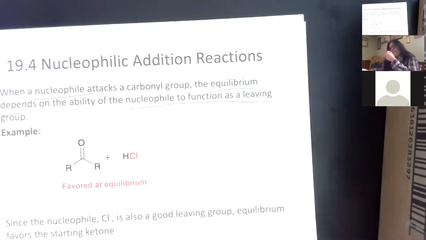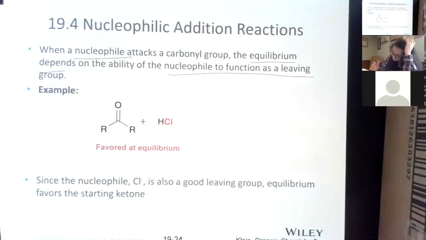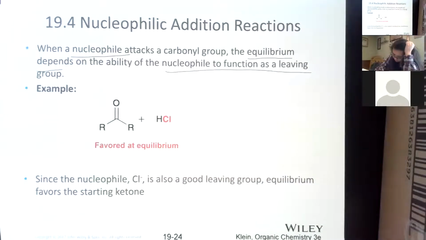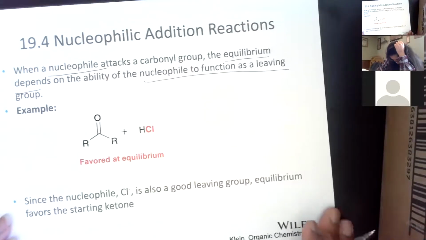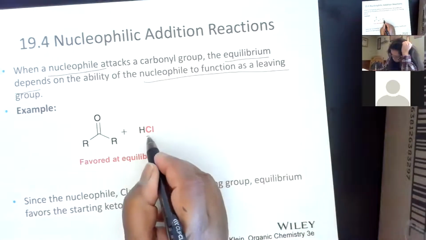Okay, so a nucleophile is coming in, right? And we want to lock him down. But if he's a good leaving group, then he's like, okay, I'm in, and then he'll go out just as fast. So for this reaction, what is your nucleophile?